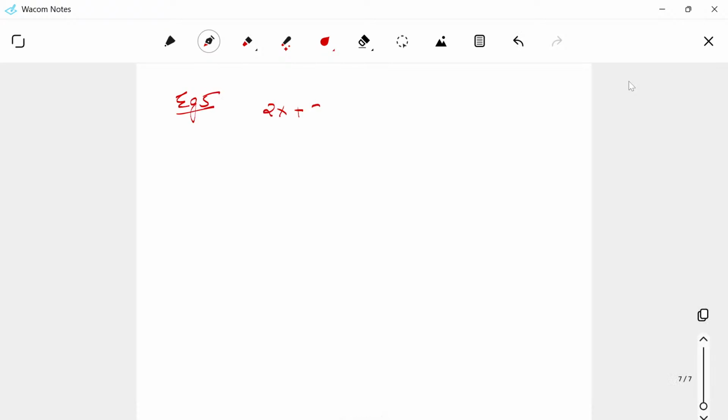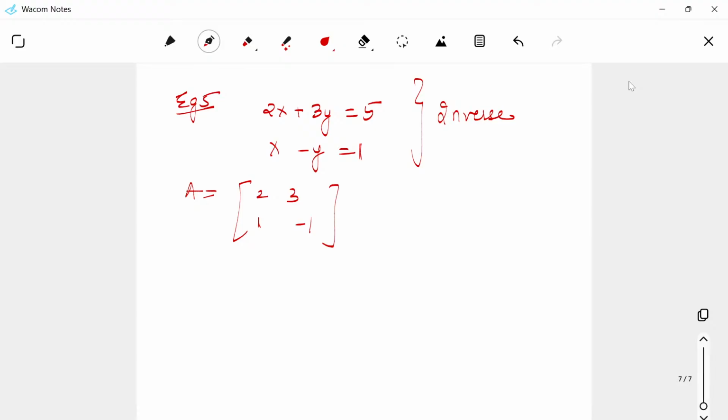Then you have 2x plus 3y equals 5 and x minus y equals 1. Now you are using the inverse to solve it. A will be equal to [2 3; 1 minus 1], b will be equal to [5; 1].